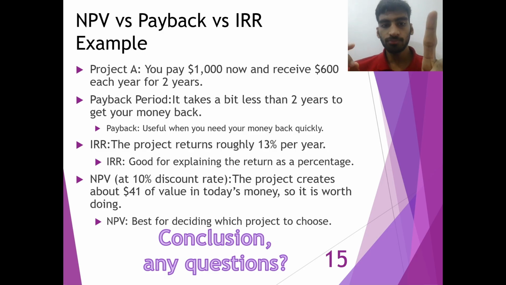After 1 year, you got $600. After two years, you'll have double that. So you recover your money in less than 2 years, because 1,200 is above the cutoff point of $1,000.